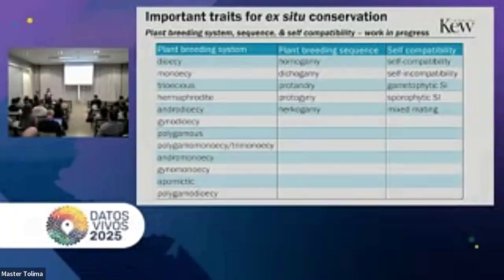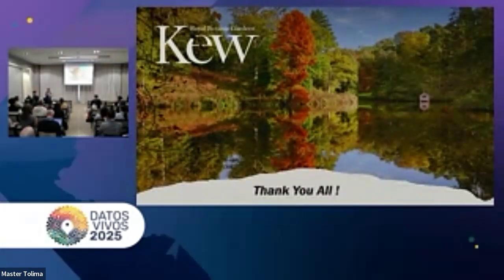So in conclusion, by integrating traits into collection management systems like ours, and then connecting them into the global platform, we can unlock the full potential of botanical collections and help plant conservation. Thank you for listening. Next slide, please.